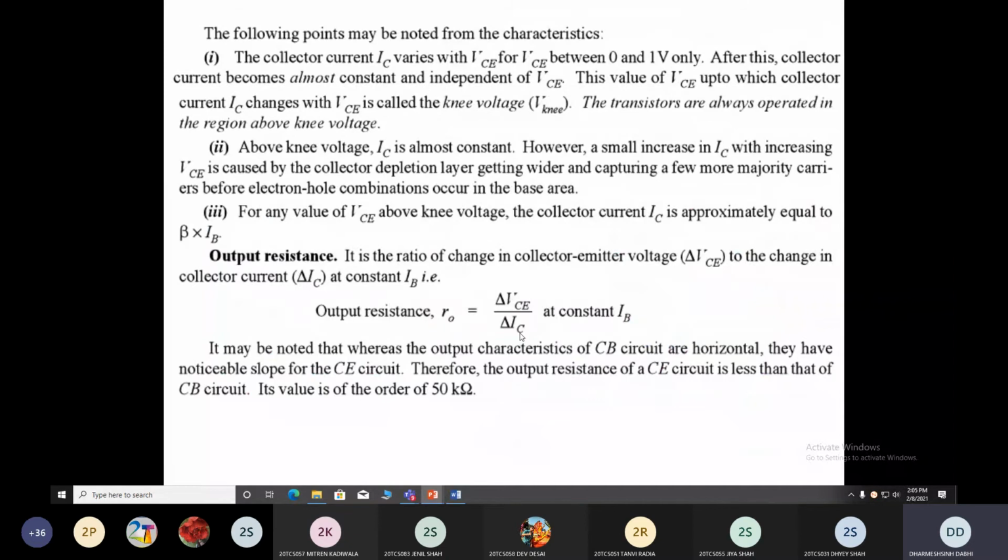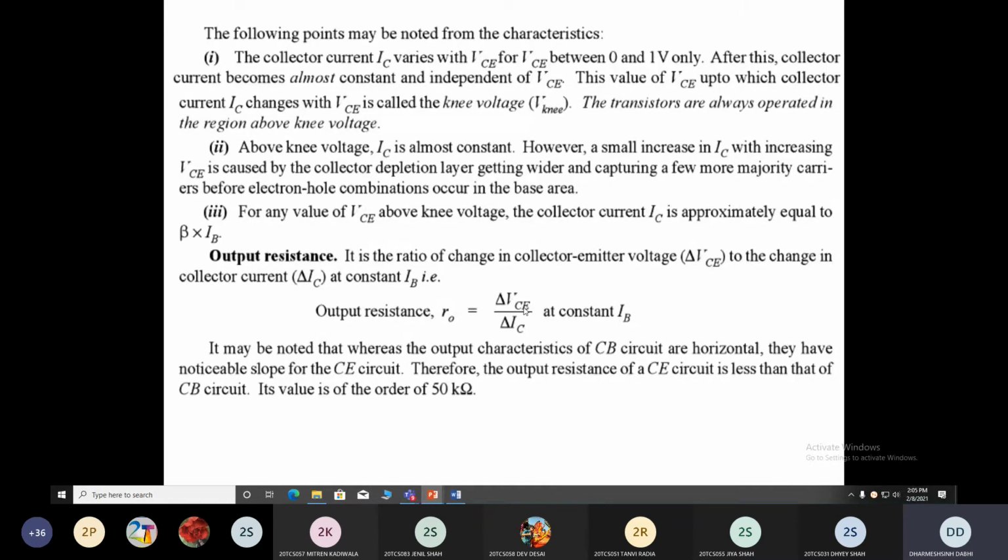Clear? Now, in this case, you noted the slope in the horizontal line. As you increase, the output resistance of this collector to emitter circuit is less, because the value of collector current changes very rapidly as you change the small value of collector to emitter voltage at a constant value of beta.